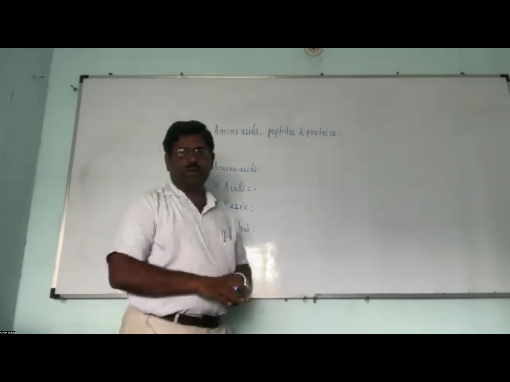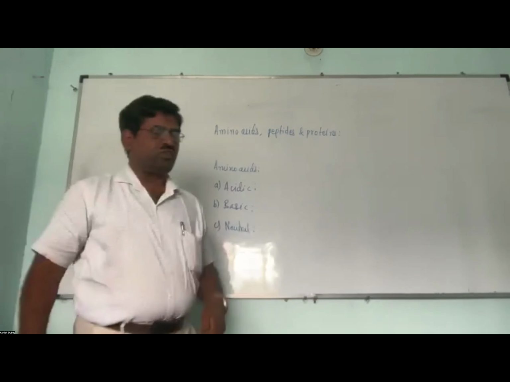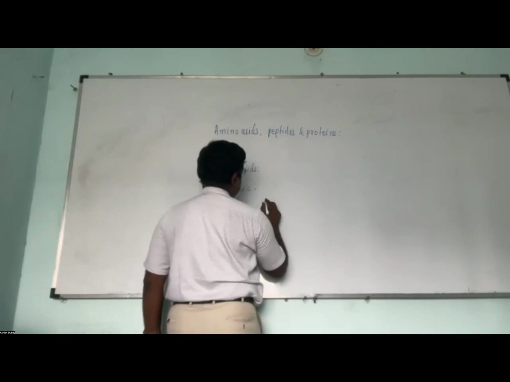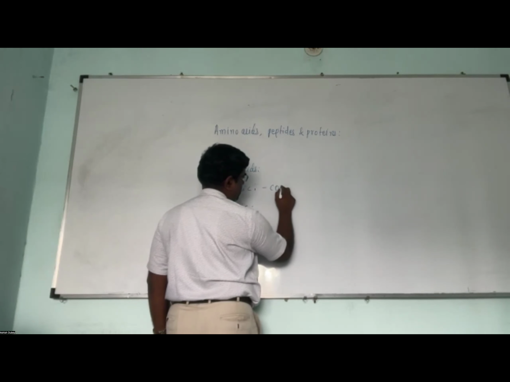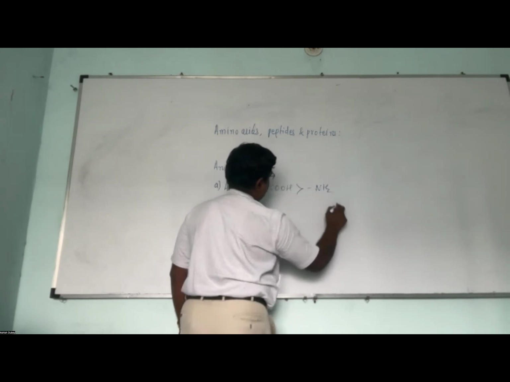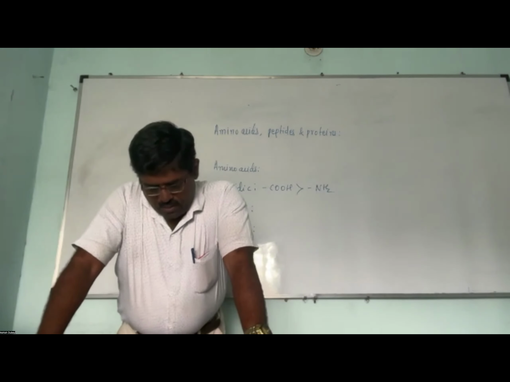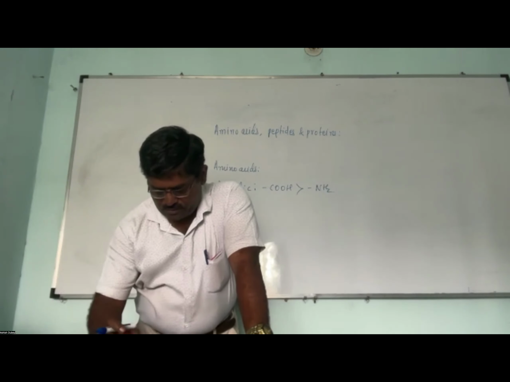What are acidic amino acids? Amino acids containing more COOH groups than NH2 groups are called acidic amino acids.